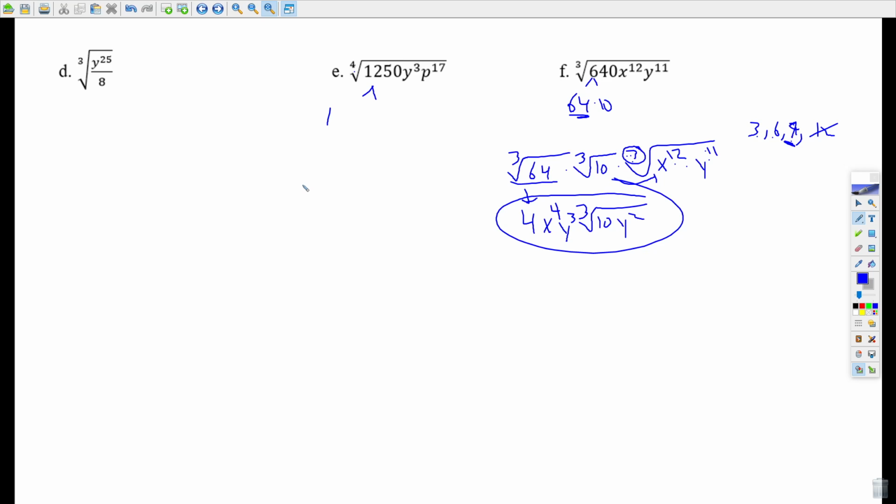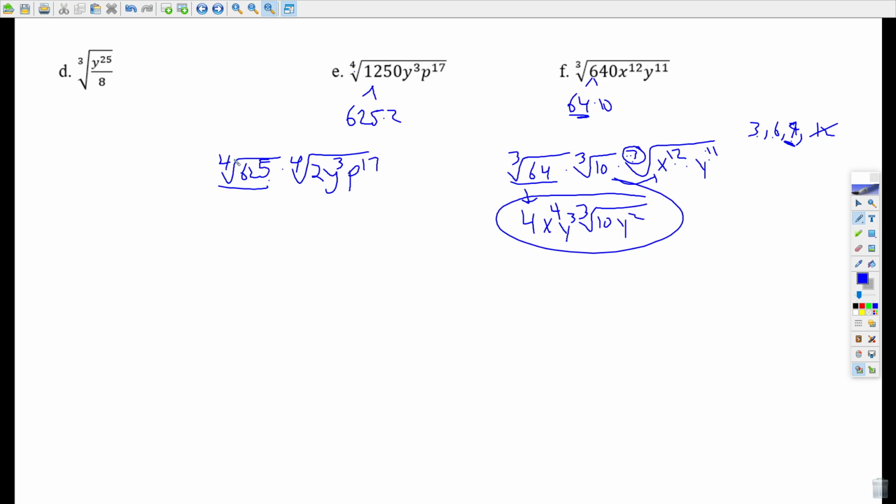I think so. So this will break apart into 625 times 2. Yeah. All right, so we're going to do the 4th root of 625. Use the table. Times the 4th root of, I'll keep the 2 in there. And we might as well keep these in here. Y to the 3rd, and p to the 17th.